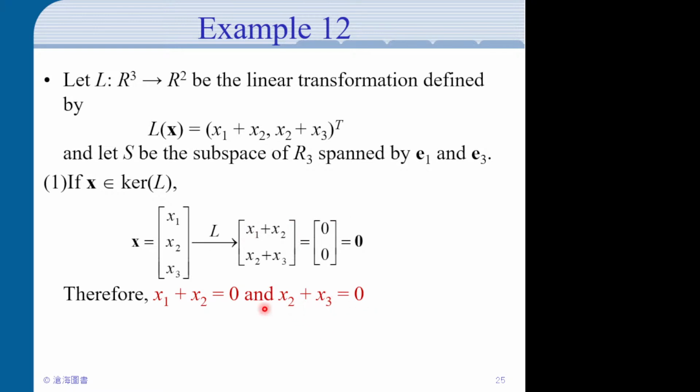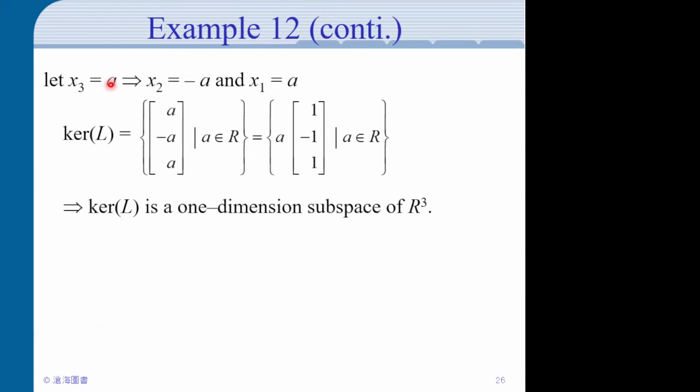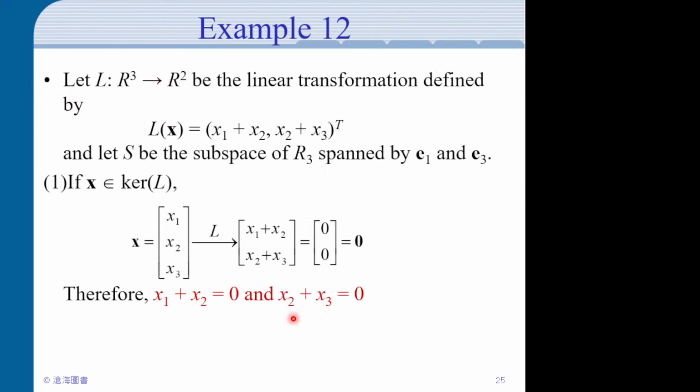So we have a homogeneous system, and we want to find its solution set. If we were being very formal, we could do Gaussian elimination, but it's already in a very easy form, so we can just assume x3 equals some a, and then from this equation x2 equals minus a, and from the other, x1 equals a.